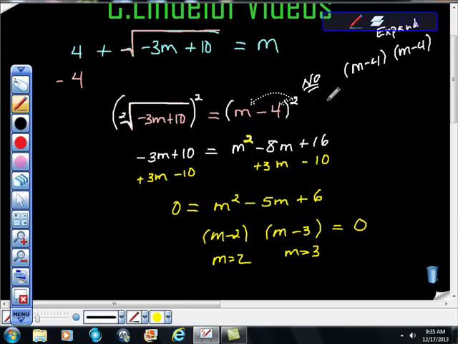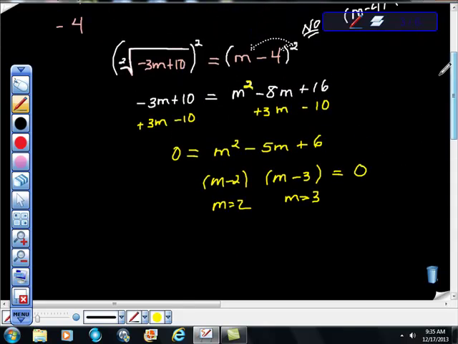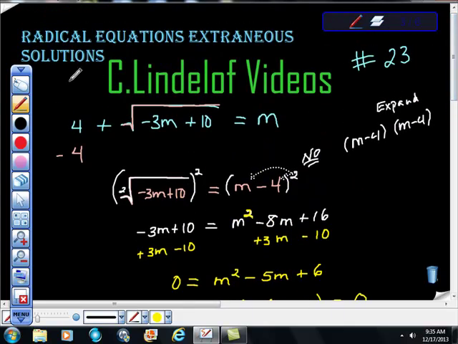So the values of m that we have are 2 and 3. So 2 and 3 are the two values. I put those values in. When I put 2 in here, I have to subtract 4 from both sides.